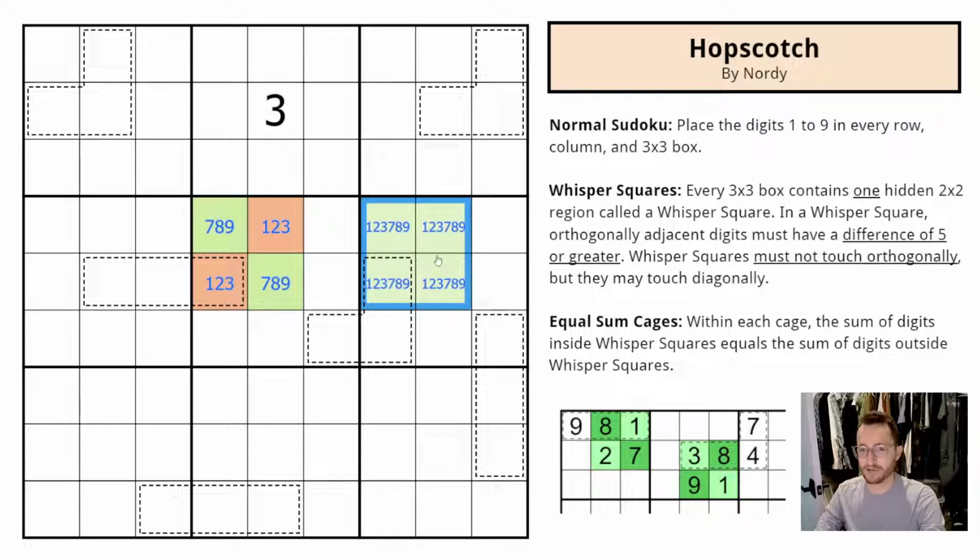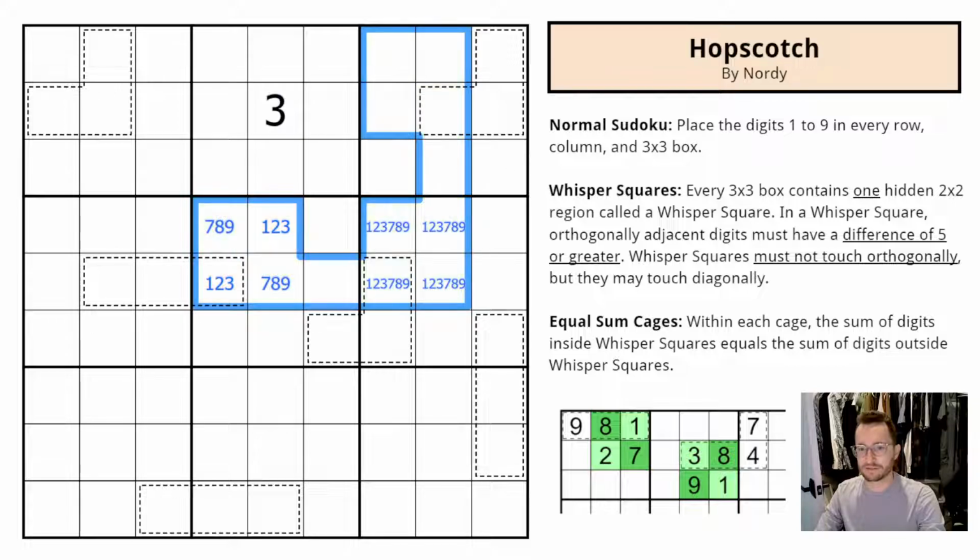Not sure about the vocab there. So any whisper square that we place is going to have these possible digits. So if we place in this box here, we're going to have 1, 2, 3, 7, 8, 9, and they're going to be in a checkerboard somehow. So that's the first main fact about these whisper squares.